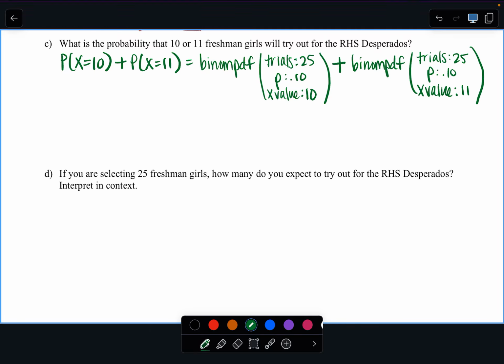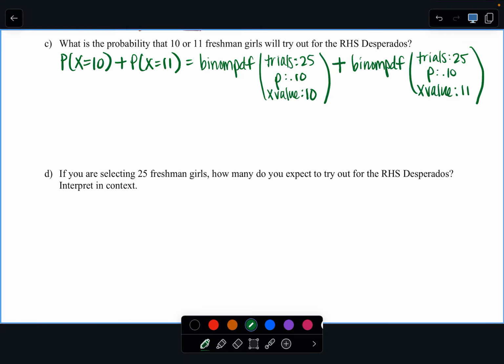And I got questions of, well, could I just use CDF? CDF is counting everything below. So if I wanted it to be 11 or below, it's going to count 11, 10, 9, 8, 7. It just doesn't stop where you tell it to stop. So I actually have to find these separately.